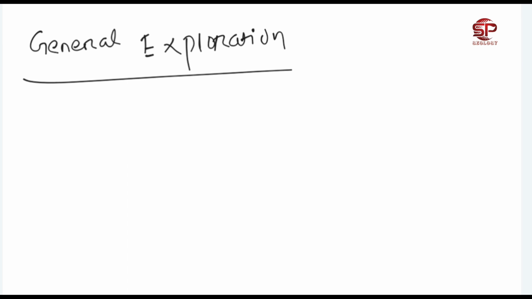So then, mapping. In prospecting, it is 1:250,000 or 1:50,000 scale. But that will now narrow down.